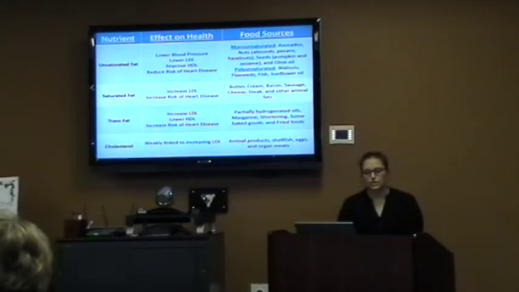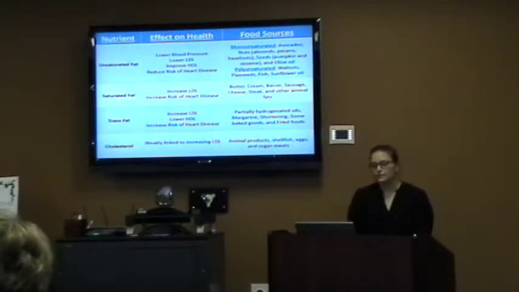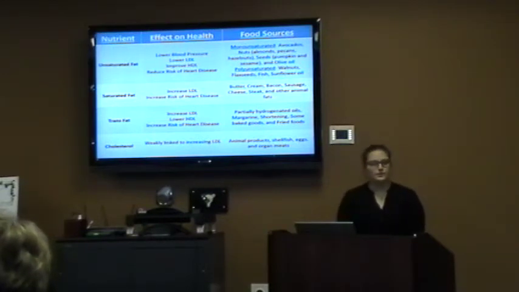This is a table illustrating the nutrients and how they affect our health along with the food sources they are in. The unsaturated fats lower our blood pressure, lower the LDL, improve our HDL, and reduce the risk of heart disease. These include monounsaturated and polyunsaturated. For example, avocados, seeds, walnuts, olive oil, and fish.